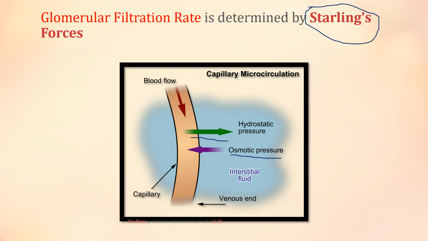Opposite forces act in the interstitium, in the space surrounding the capillaries. This is the interstitium. So there is the capillary hydrostatic pressure which promotes filtration. There is the capillary osmotic pressure which opposes filtration. Normally the hydrostatic pressure is slightly higher, so filtration is promoted.